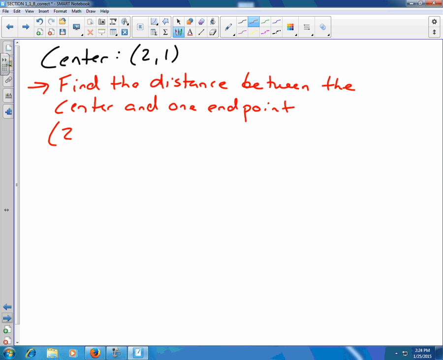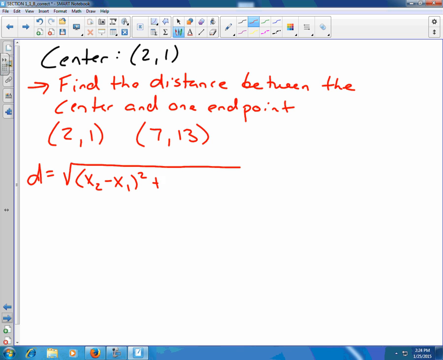And so if we use the center and the point (7, 13), we're going to use the distance formula, the square root of (x2 minus x1) squared plus (y2 minus y1) squared. Once again, we can label our points x1, y1, x2, and y2.